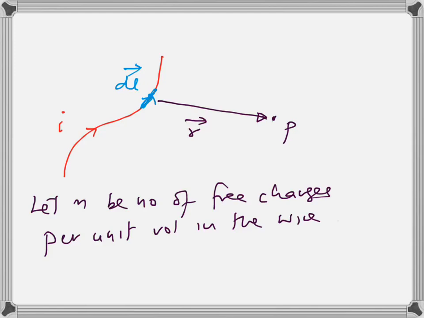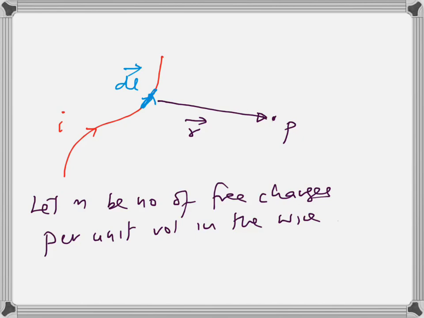If you remember, we have seen this quantity in the topic current electricity. When we were discussing Ohm's law, we derived I equals neAvd, where vd is the drift speed. The n there is exactly the n here. It is the number of electrons per unit volume, or number of free charges per unit volume.